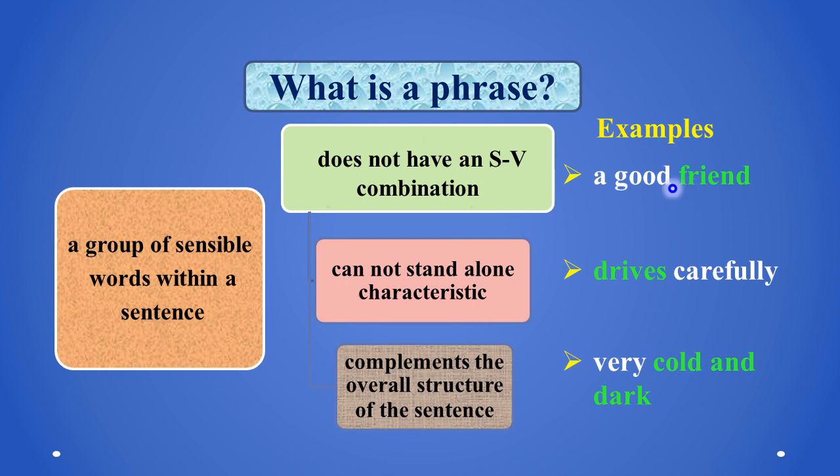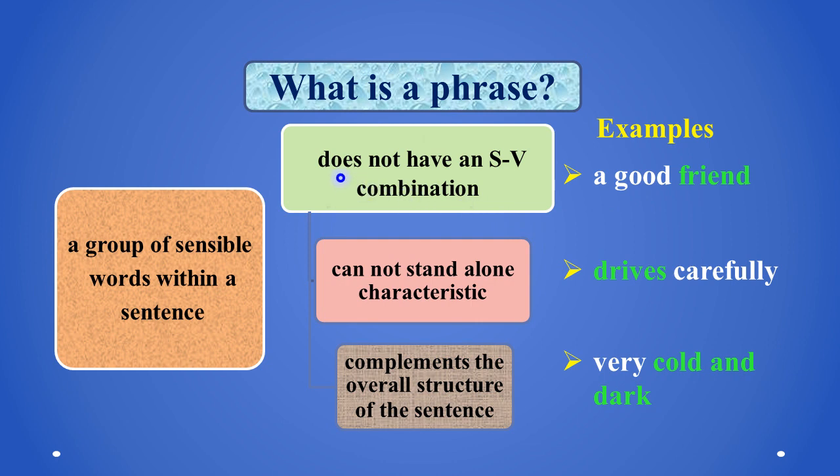We cannot say that it is a random selection of words. We cannot say good a friend or friend a good, because it will not be a sensible selection of words in that case. In the same way, drives carefully, very cold and dark, they also represent a group of sensible words.